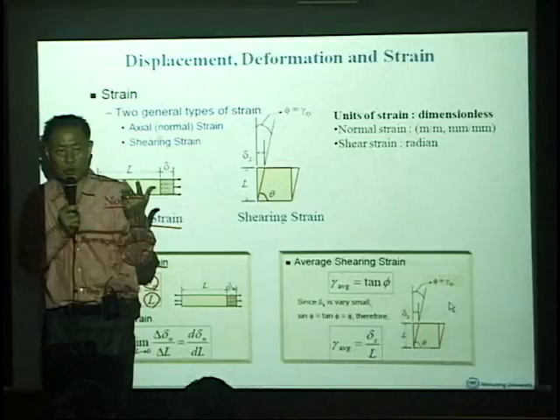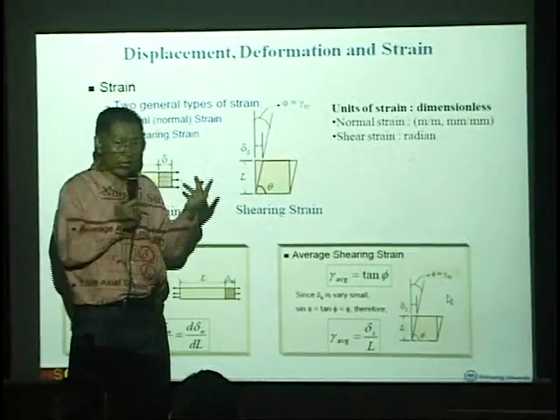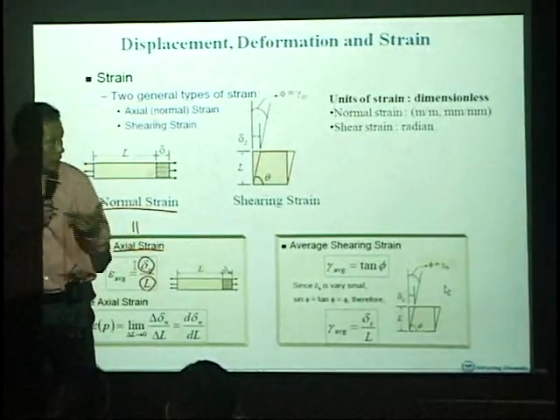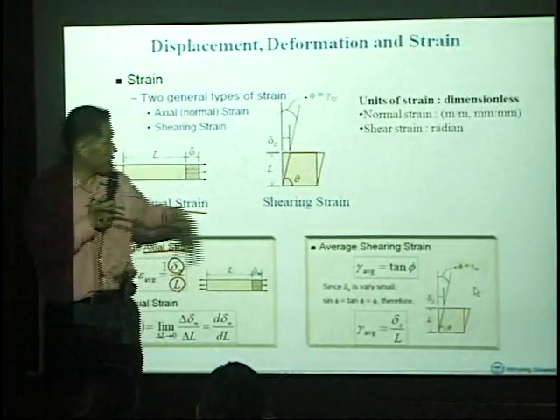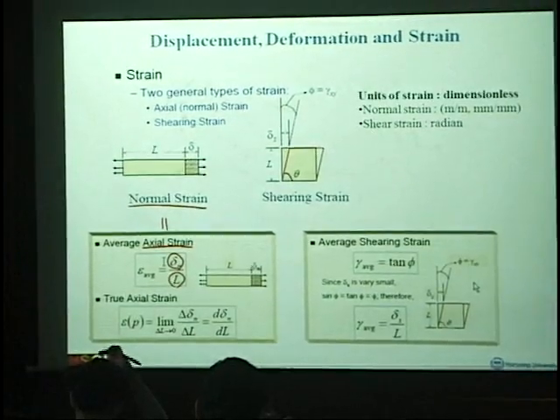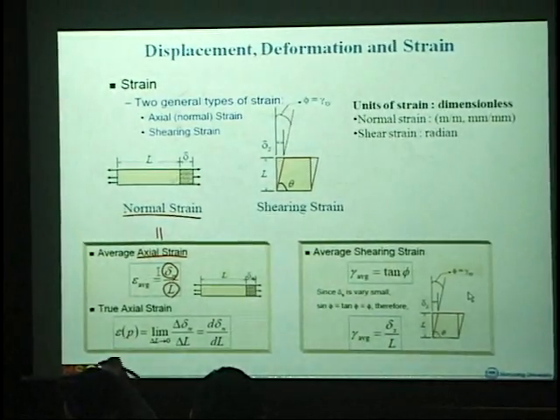So we have to define a strain which describes the angle changes. That is called shearing strain. So shear strain is defined as the angle change.